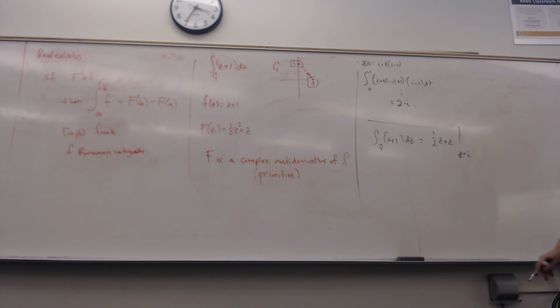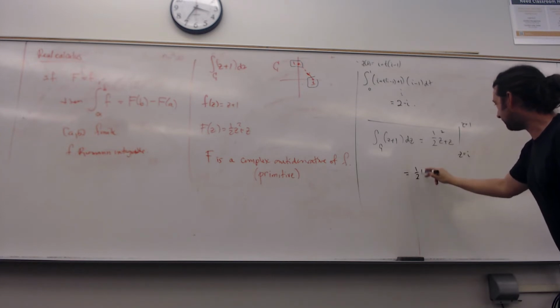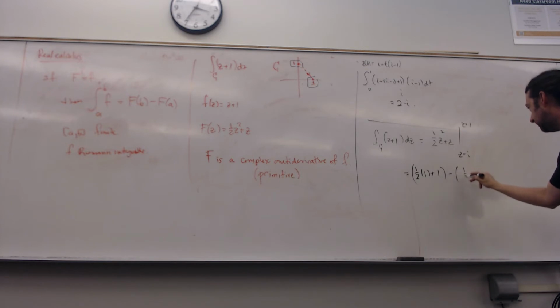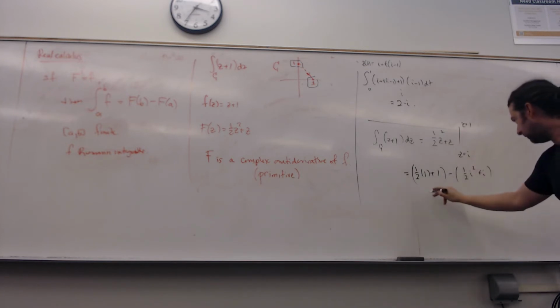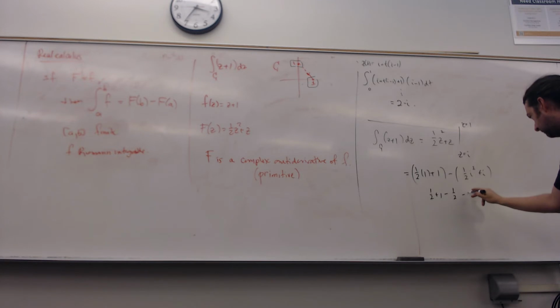I started at z equal to i, and I ended at z equal to 1. You're missing a squared, right? Yeah, there's a squared right here. Okay, so maybe if we're lucky, we'll believe, let's see, 1/2 of (1 plus 1) minus 1/2 of (i squared plus i). That's 1/2 plus 1 minus 1/2 minus i.